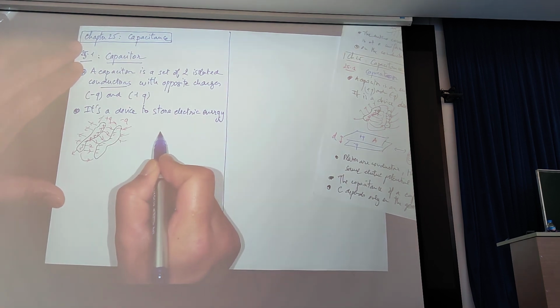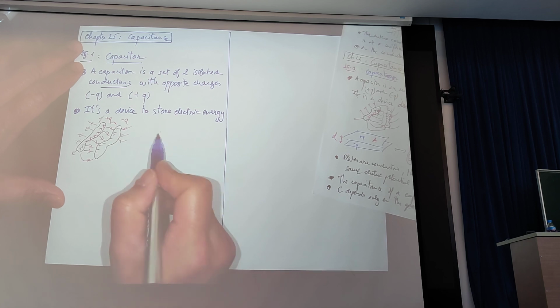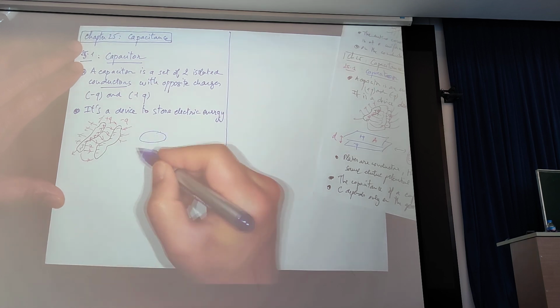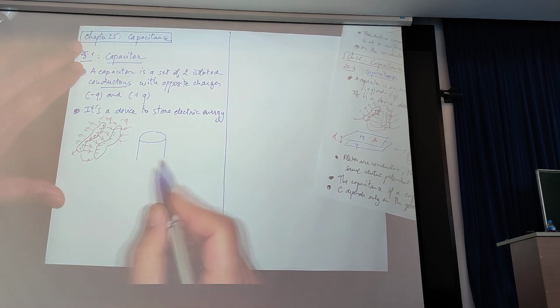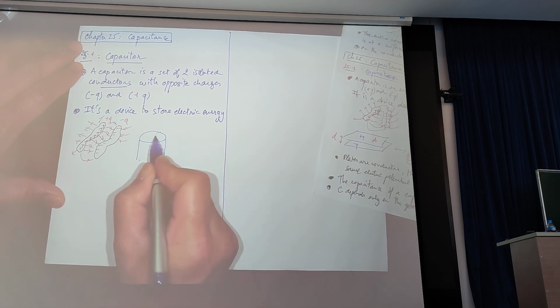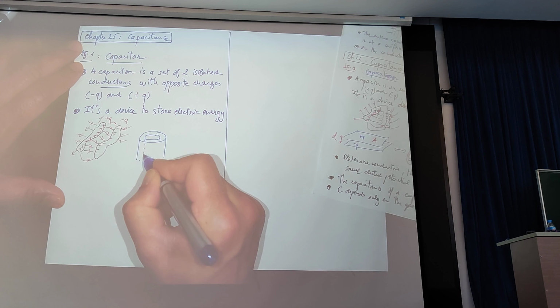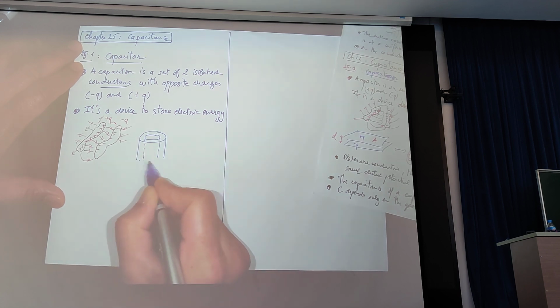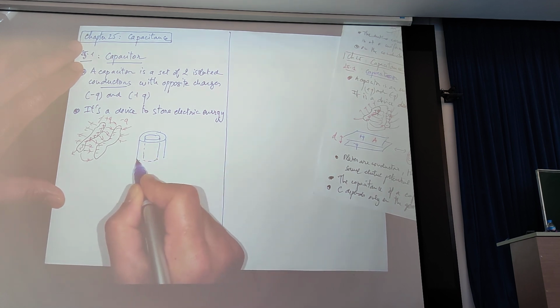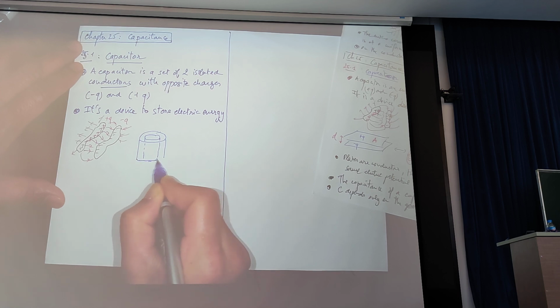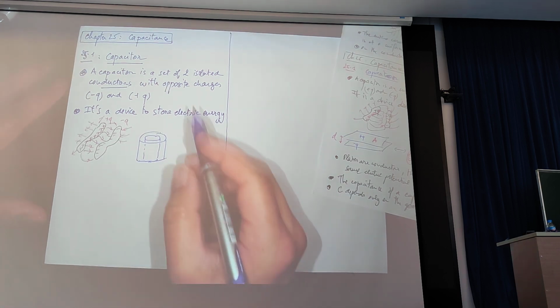For example, you can have a cylinder like this, and you have two conductors.